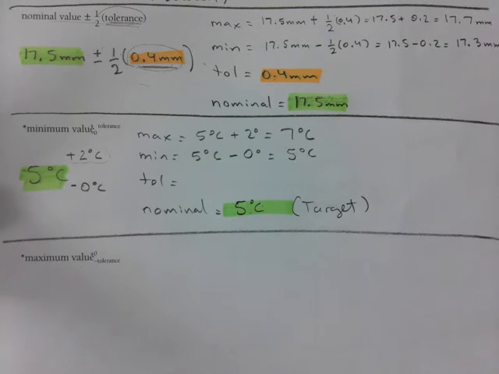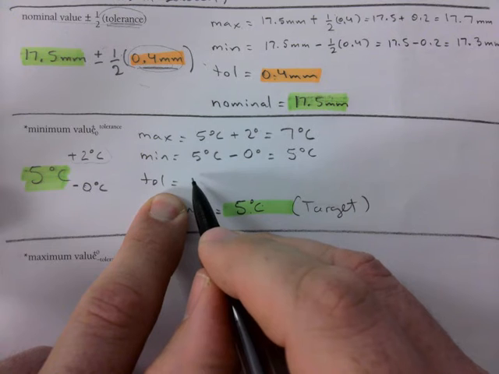This could be a scenario where the eggs have to be at 5 degrees Celsius. It could be a little bit more, it could be 7, but it could not be less than that. So they would say, this is what we allow. The tolerance is 5 degrees. It could be minus 0, but it could be plus 2. Tolerance, max minus min.